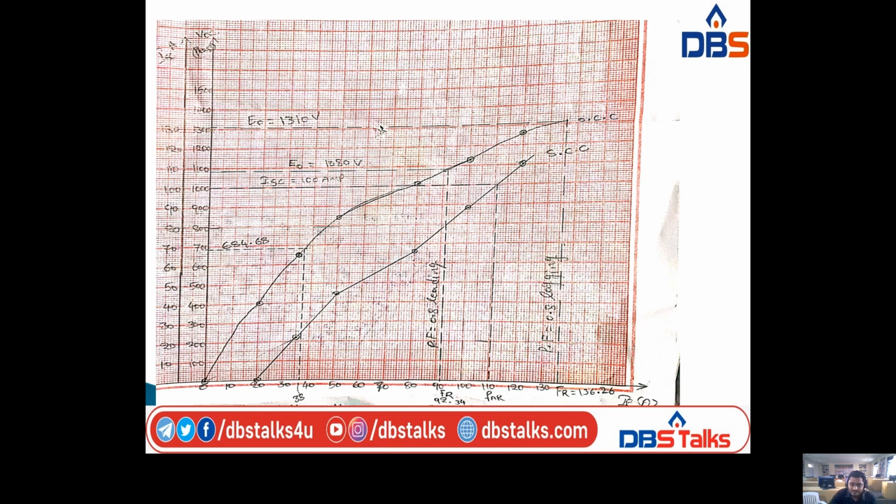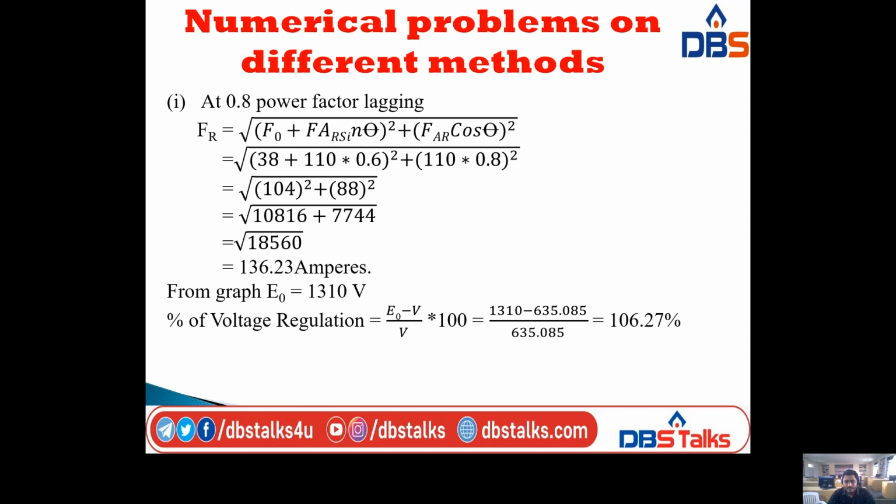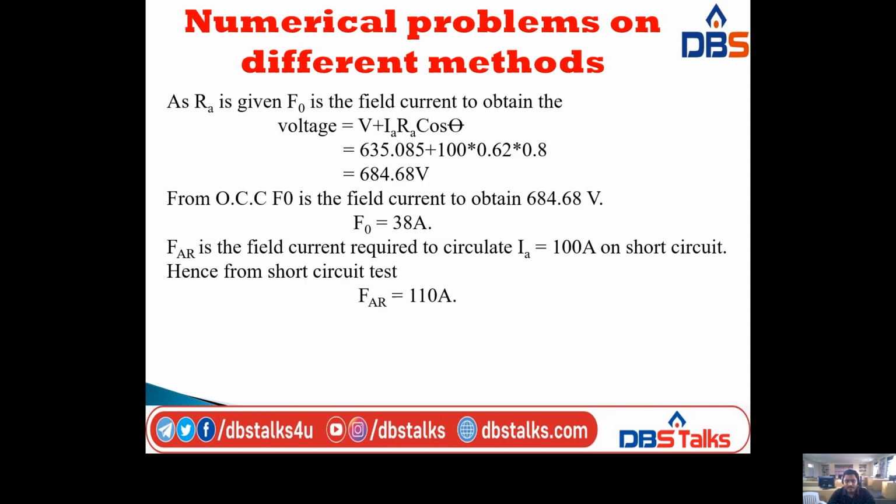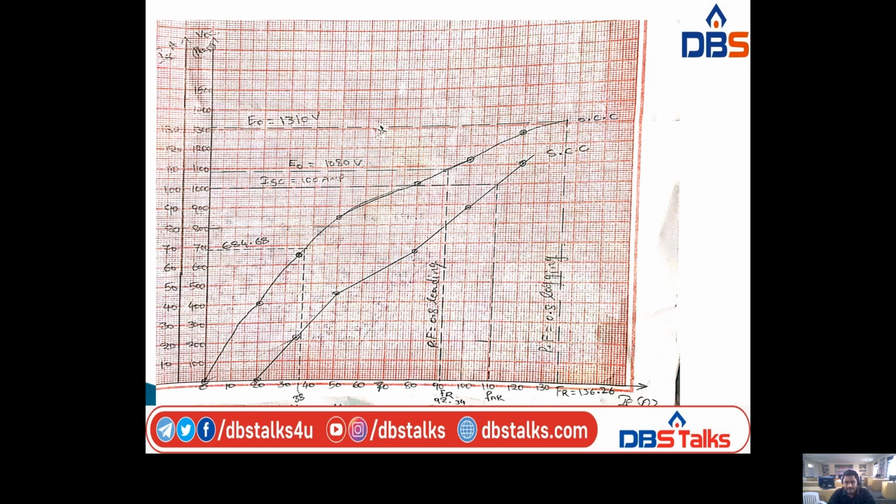So please mention that value at 0.8. It is also drawn to the OCC curve, not the SCC curve. At 92.34 amperes, we have to mark the point in the field current values in the graph. So I marked it here. It is clearly mentioned on the vertical dotted line at 92.34 amperes that the power factor is equal to 0.8 leading.